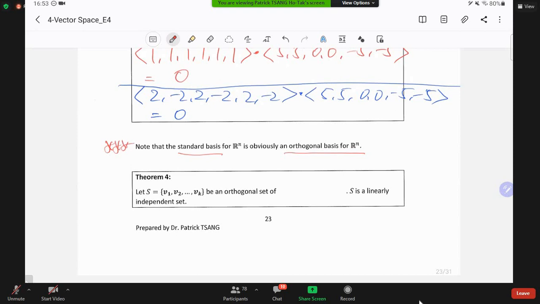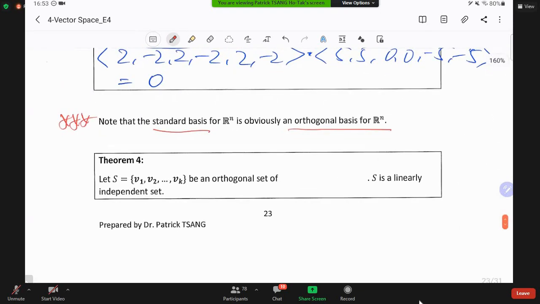So suppose there is a set, capital S, that consists of k vectors, and I would like to assume this set, capital S, is an orthogonal set of, please be careful here, non-zero vectors in Rn space.